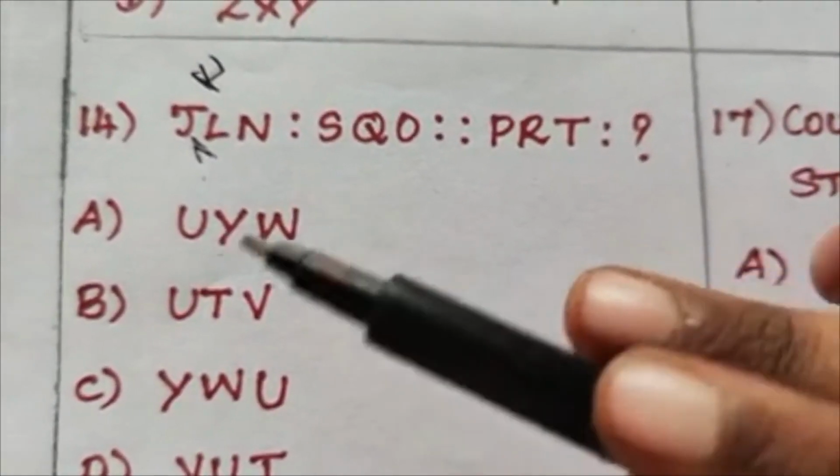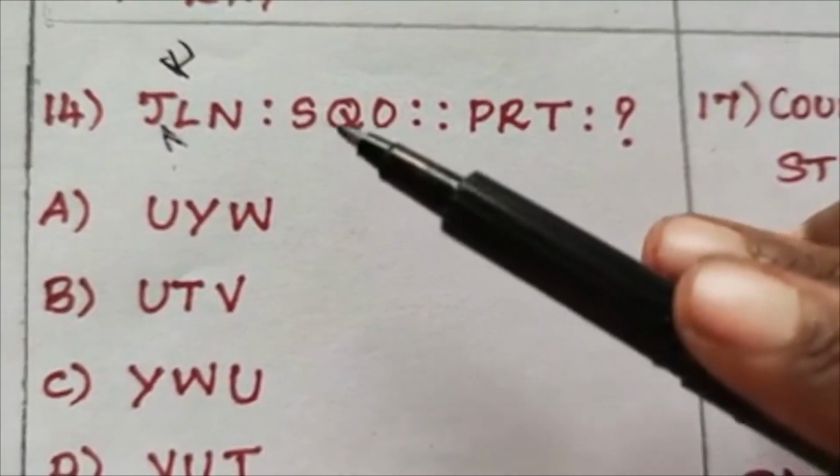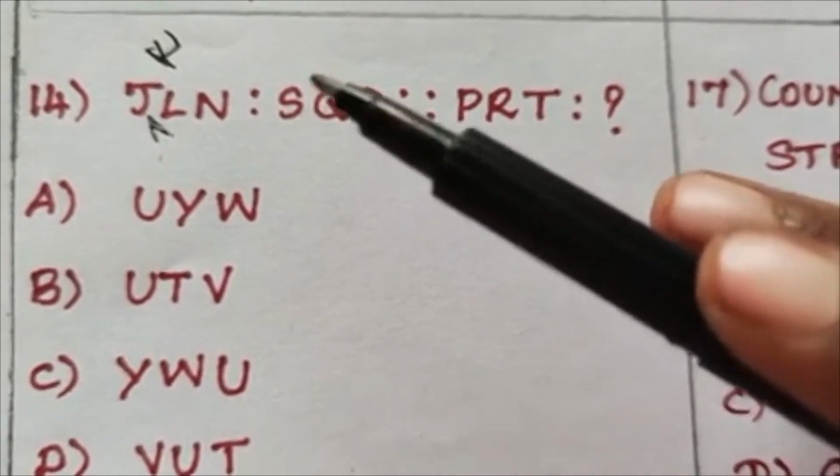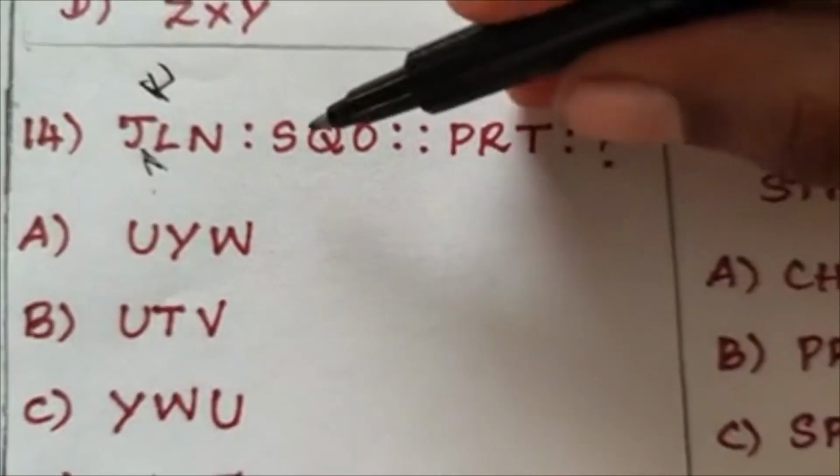Next, look at the second term, S, Q. In the second term, the same pattern is repeated, but in reverse order, right?